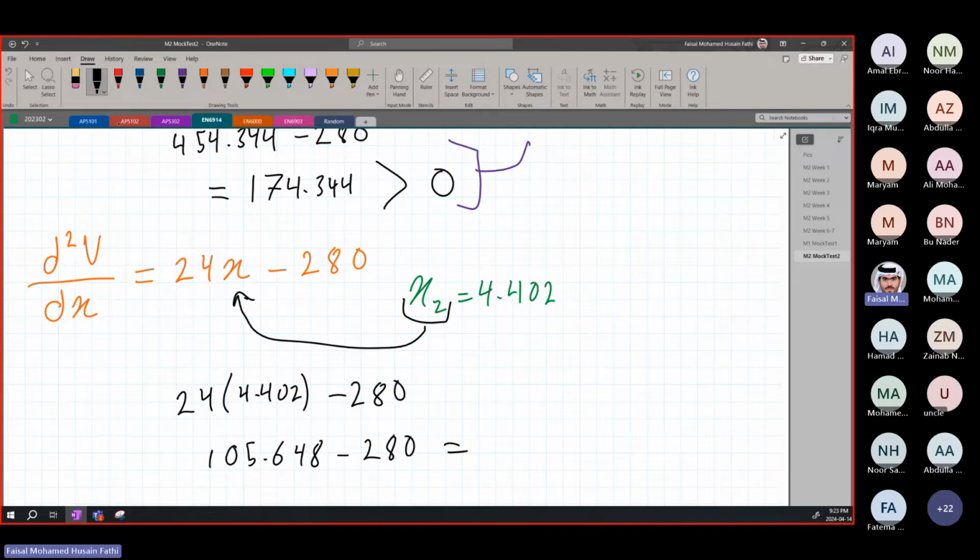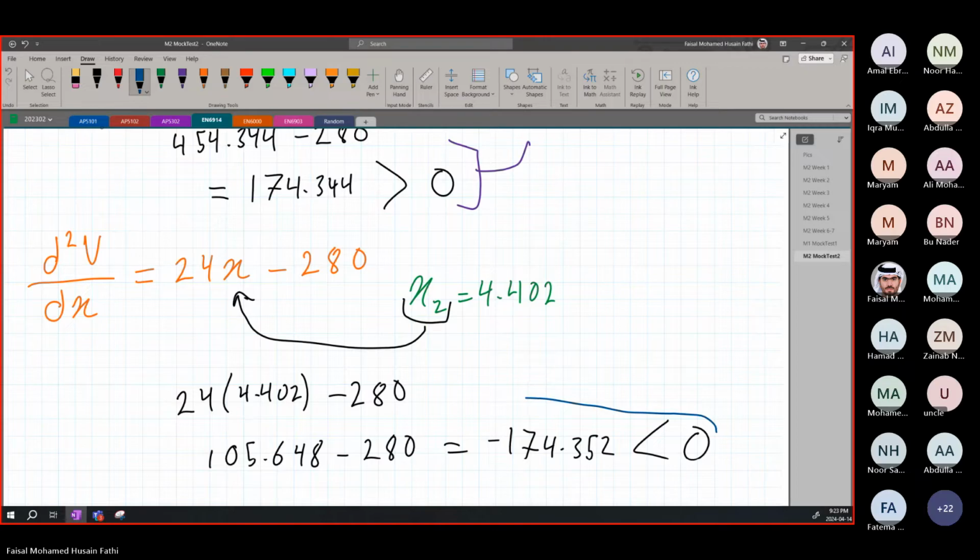And this is going to be a negative number, which is minus 174.352, less than 0. Because this is a negative, this value is going to be a maximum.